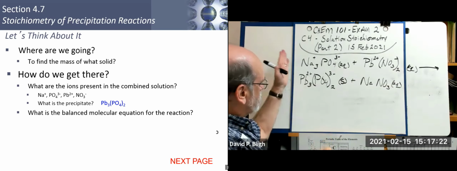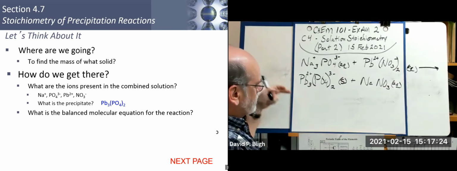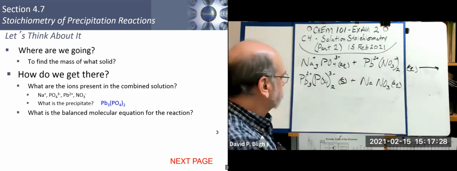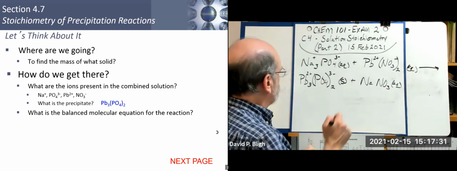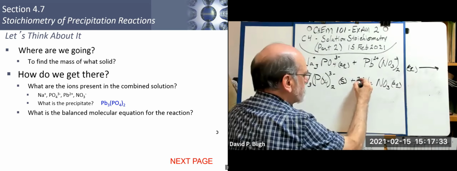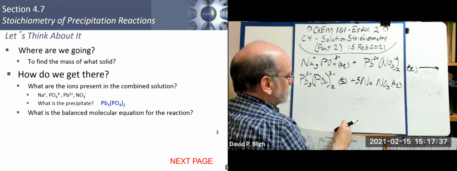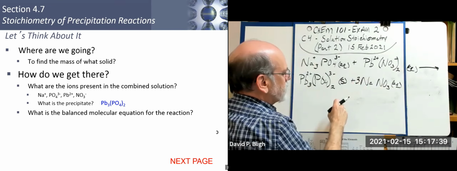You can say sodium, phosphate, lead, nitrate, and then use your budgeting. But I need 3 of these sodiums. That gives me 3 nitrates.